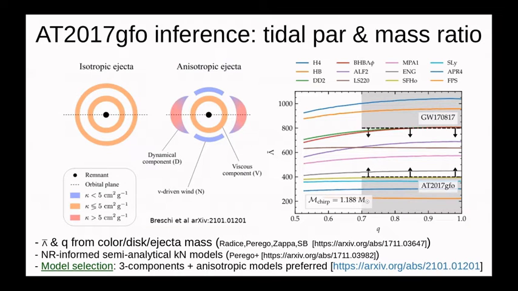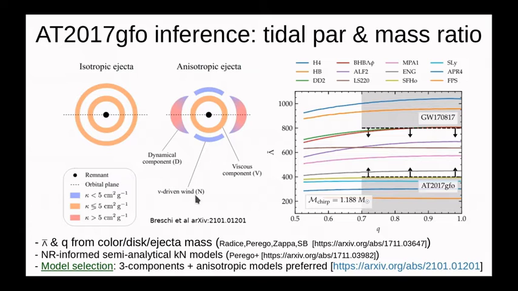We have focused on model selection and found that anisotropic models with 3 components, which would represent dynamical ejecta, a wind component due to neutrinos, and another wind component due to the disk, are preferred by the data with respect to either isotropic or spherical ejecta or models with fewer components.